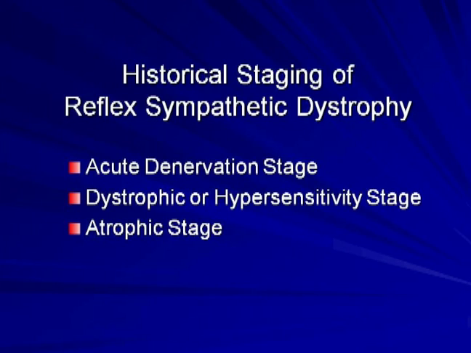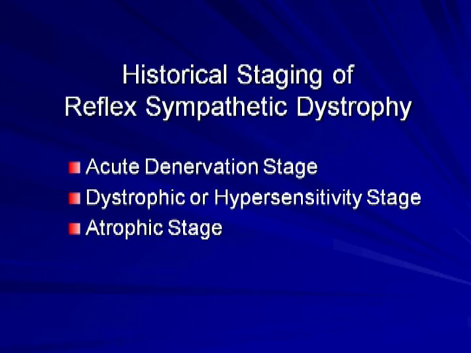However, on looking at this in patients, it was observed that this didn't always occur. There were patients who did not always get dystrophy or atrophy, but continued with pain, and except for the atrophic stage, patients could move back and forth between these 2 stages.